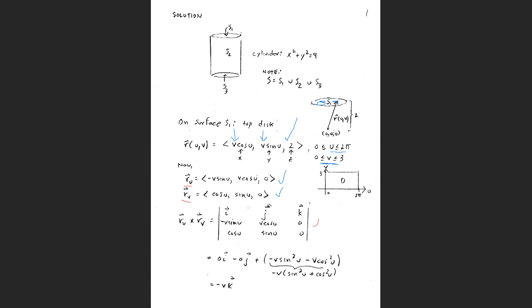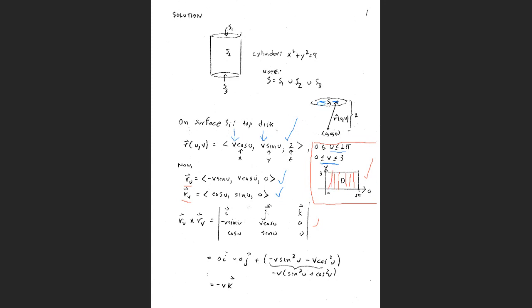And before we go further, I'll mention that the domain created by these parameters u and v is just going to be this rectangle, because for every value of u, v goes from 0 to 3, and so that's going to trace out a rectangle.